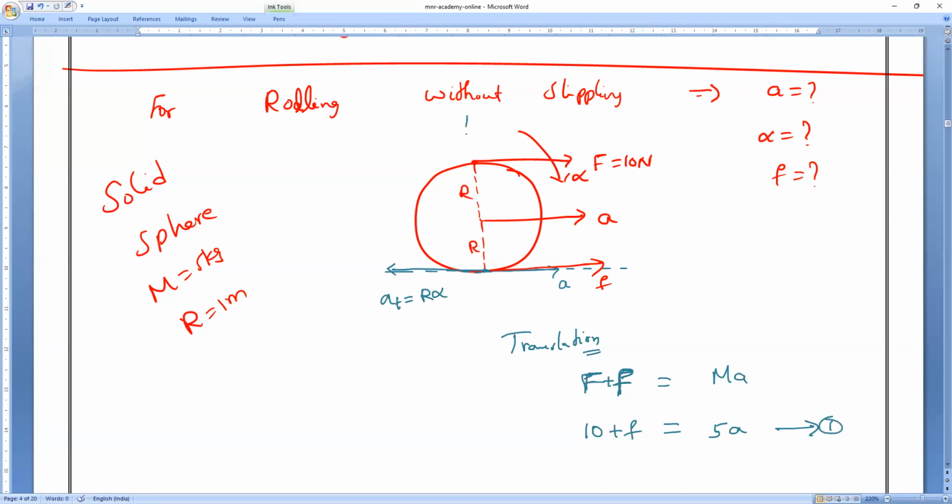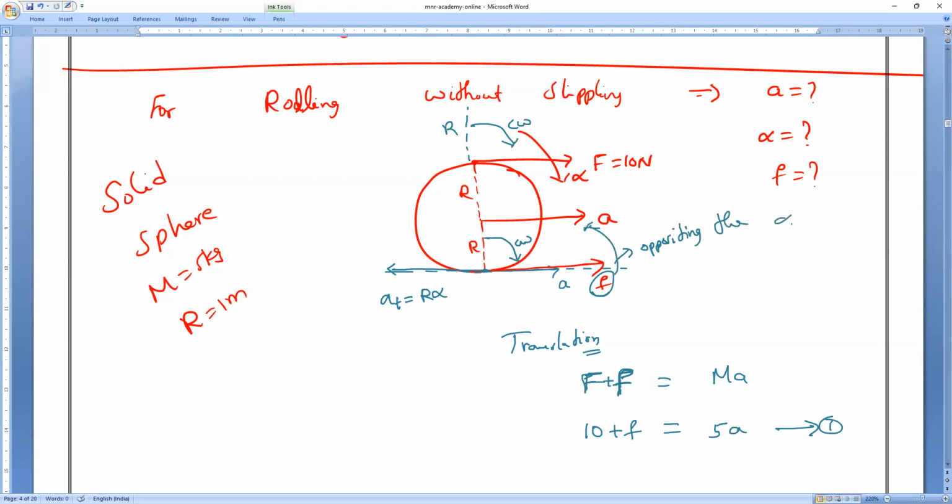Now, I will come to R cross F. This is R and this is R cross F. Is it clockwise or anti-clockwise? Clockwise. This frictional torque is also clockwise, but it is opposing the angular acceleration, acting in this direction.